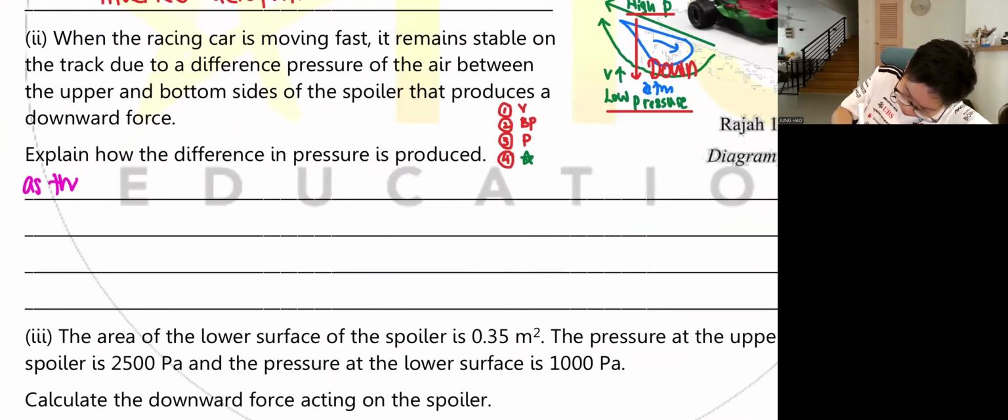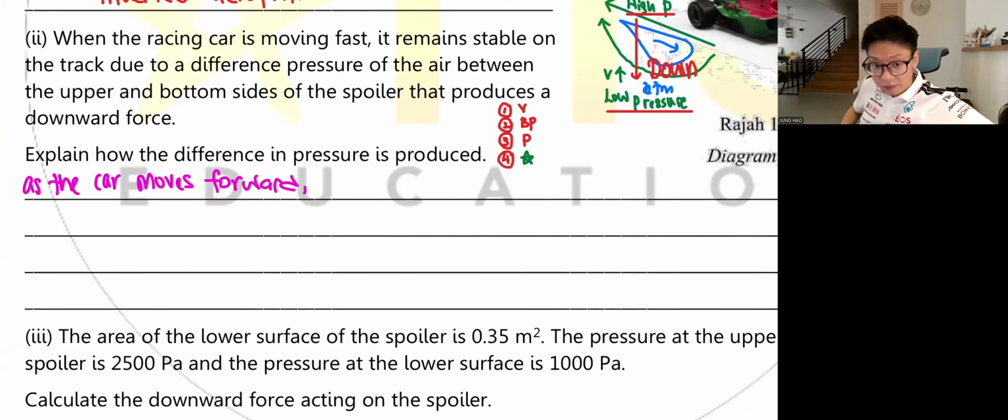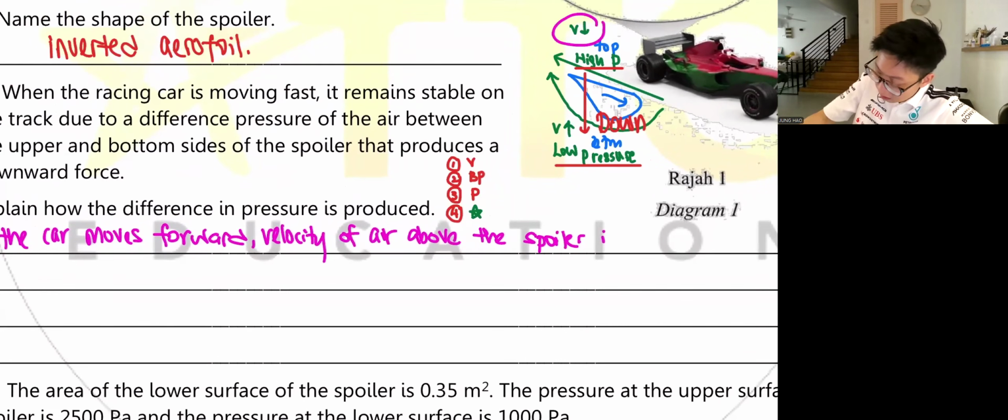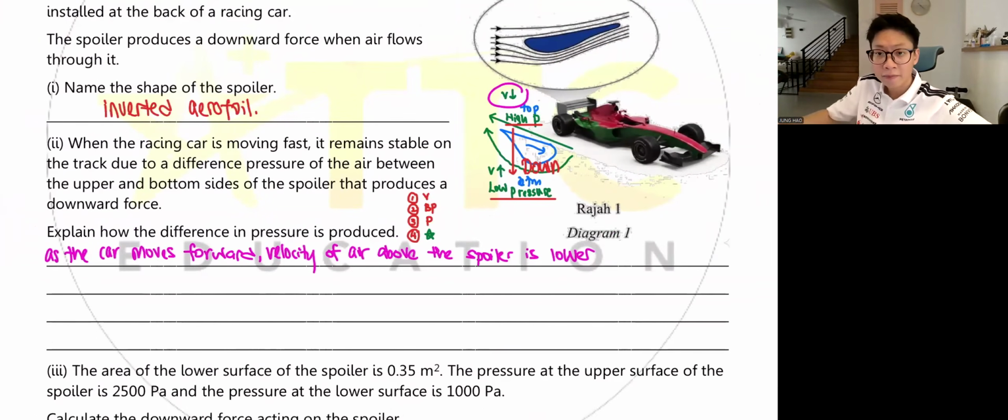As the car moves forward, you will see that the velocity of air above the spoiler is lower. Because on top it is lower, because you want to produce pressure going down. The bottom is curved, so higher velocity.